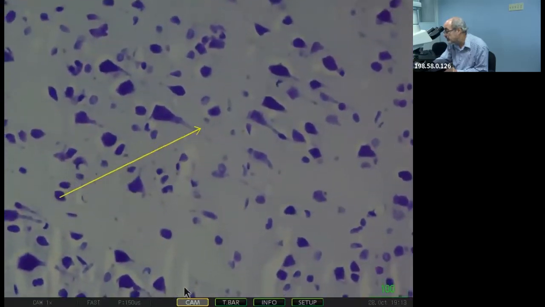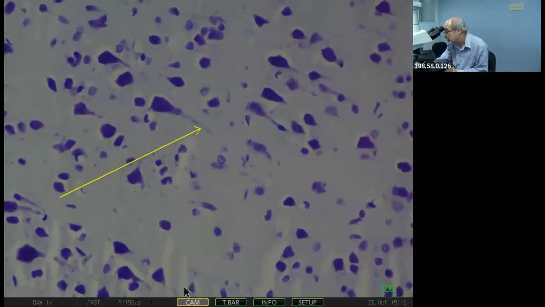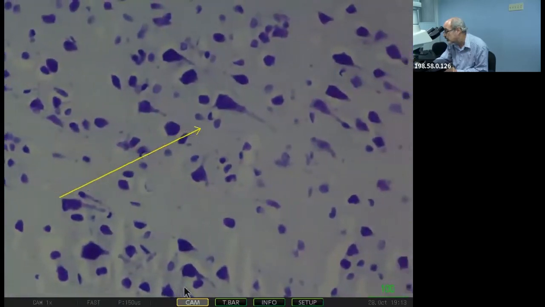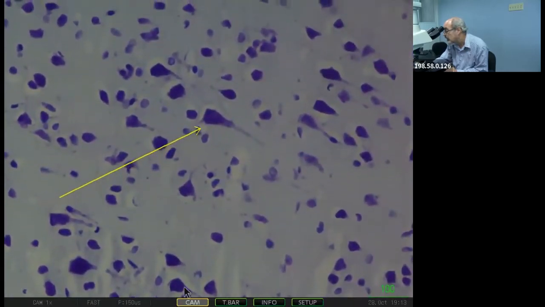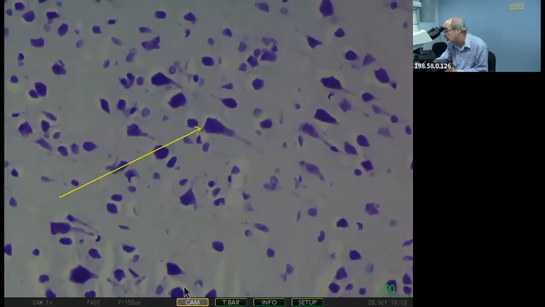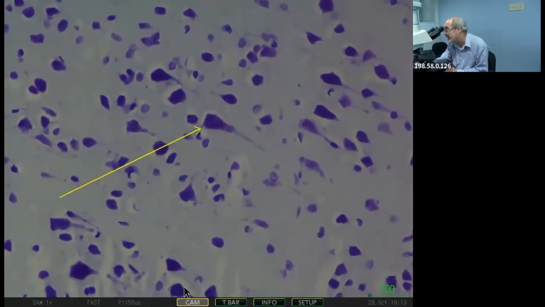And so you have the apical dendrite, and here you have the basal dendrite. So you have a dendrite coming from the apex and going to the periphery, and you have a basal dendrite which is rising from the base of your pyramidal cells.